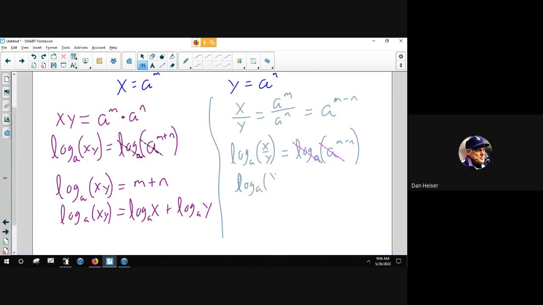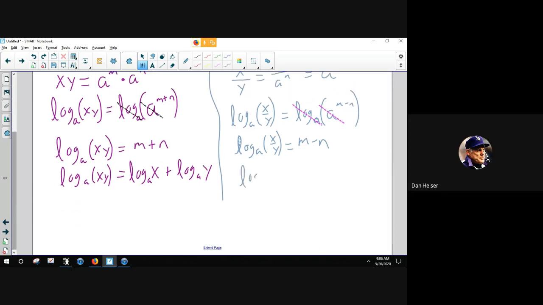Log base a of that ratio is equal to m subtract n. And we know what m is. We know what n is. And we have our second log property appear. Log of a quotient equals the difference of the two logs.